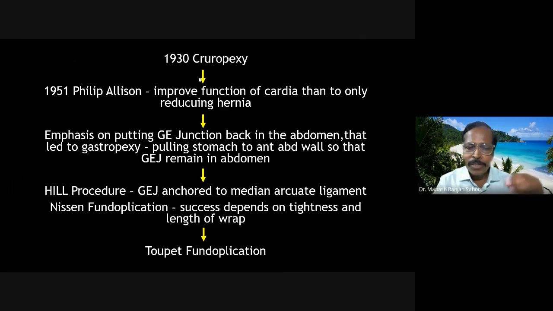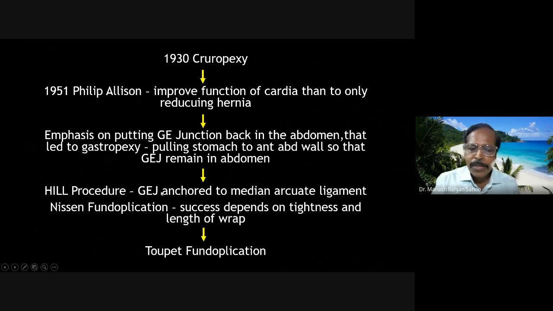That led to different kinds of changes in surgical concept. How to bring this gastroesophageal junction back into the abdomen and keep it in the intra-abdominal part? Surgeons started doing a gastropexy. They pulled the stomach to the anterior abdominal wall with a hitch so that the GE junction remains inside the abdomen.